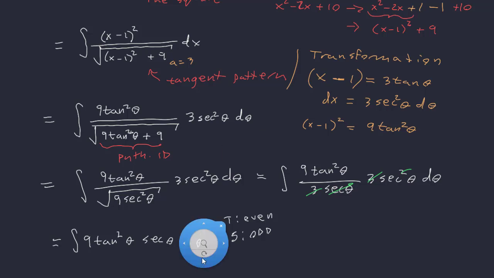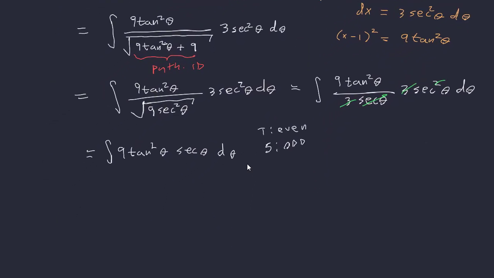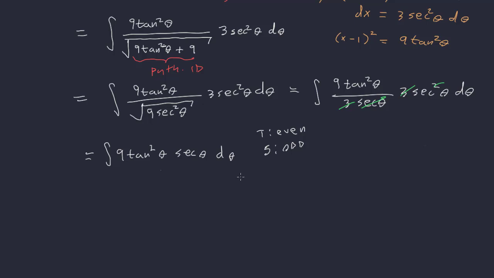Okay, so what I'm going to do is I'm actually going to do a Pythagorean identity again. So tangent squared theta is going to be secant squared theta minus 1 times secant theta d theta.